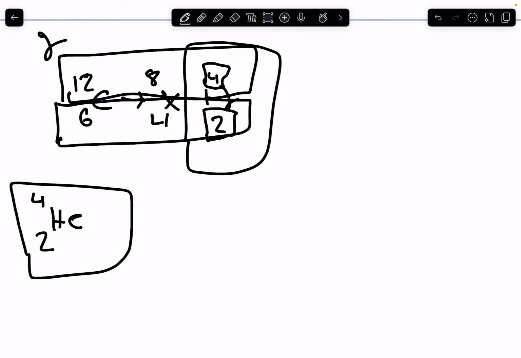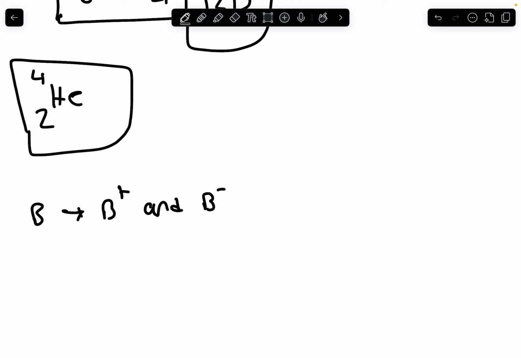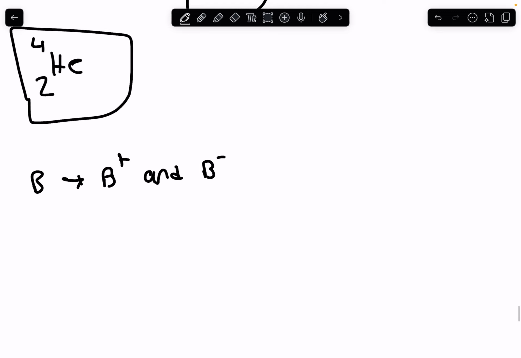There's nothing more to talk about, but later I'll tell you it's part of a bigger picture. Let's go on to the second type of decay, which is beta decay. There are two types of beta decay: beta plus and beta minus. Beta minus is the one you'll see more, as it occurs more in nature.